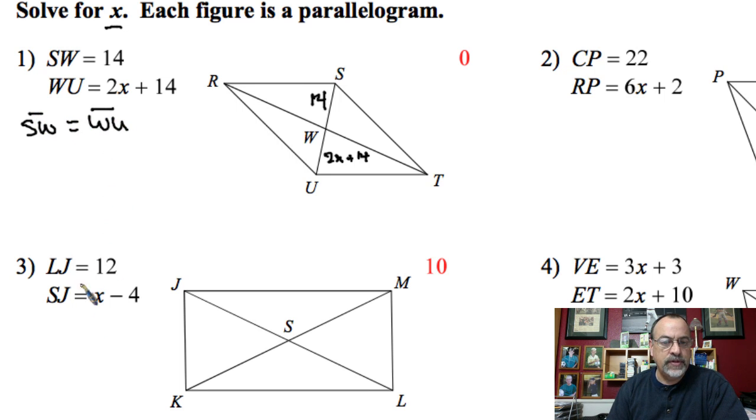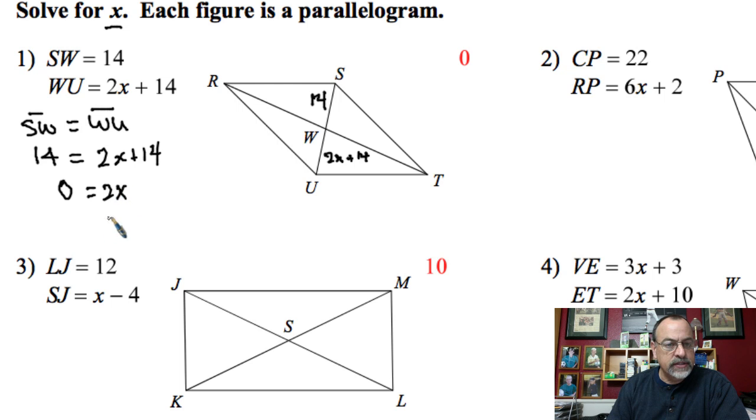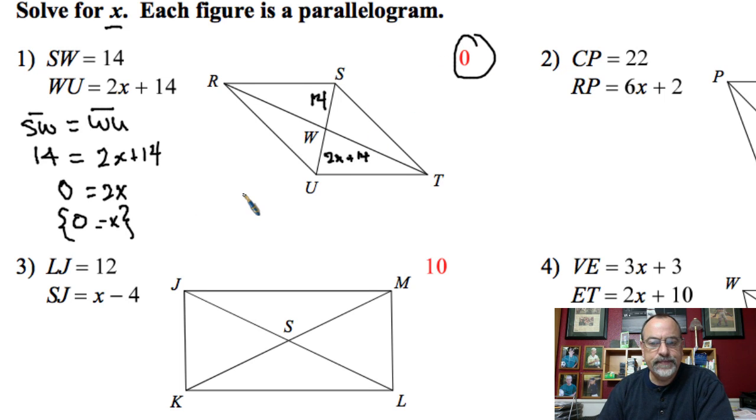So that's the geometry. Now we can substitute in what we know. SW is 14, WU is 2x plus 14. So we get 0 is equal to 2x, so x would be equal to 0 divided by 2, or 0, so we have x is equal to 0, and we have the answer here.